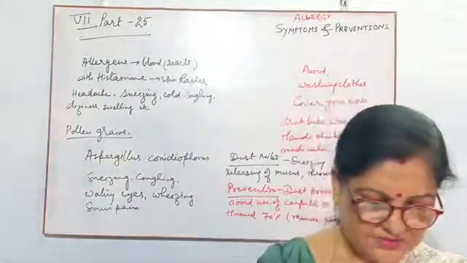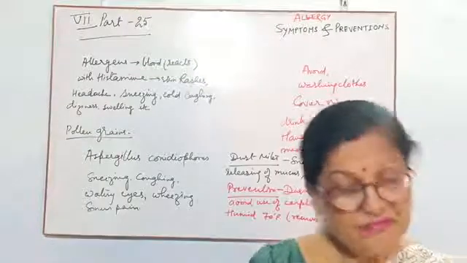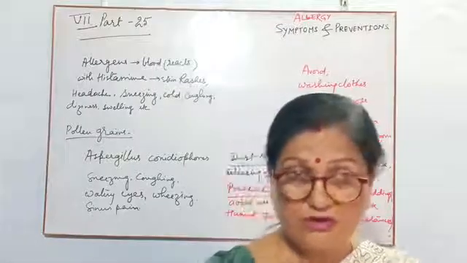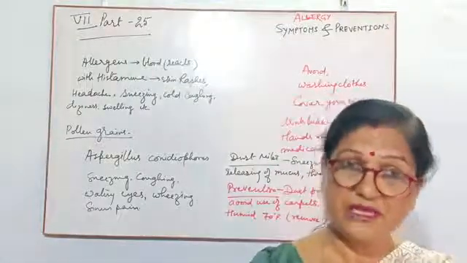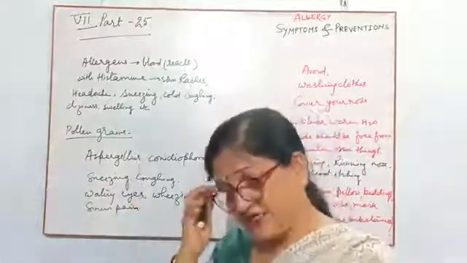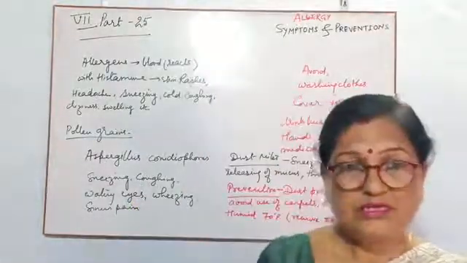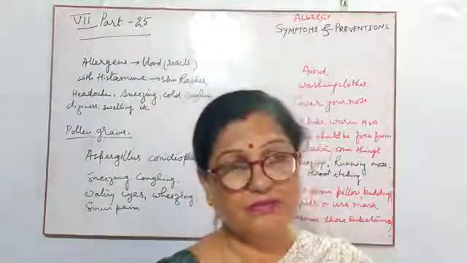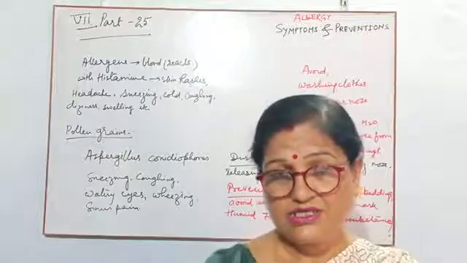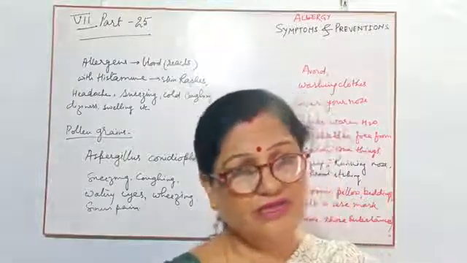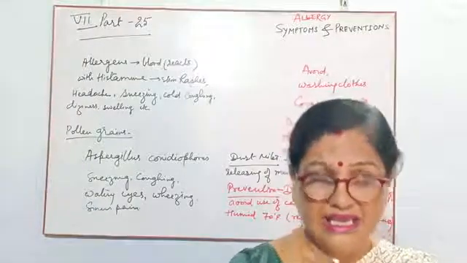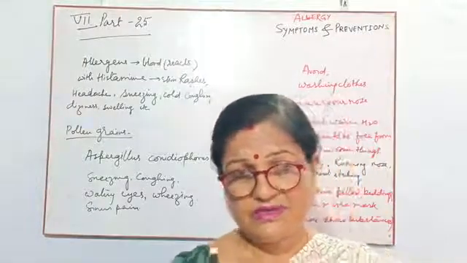Now, symptoms of allergy may be different due to the cause, that means due to the different types of allergens. Now children, first allergen, that is pollen grain. Pollen grains always create some allergy when they are flowing or present in the wind which we inhale during our respiration.